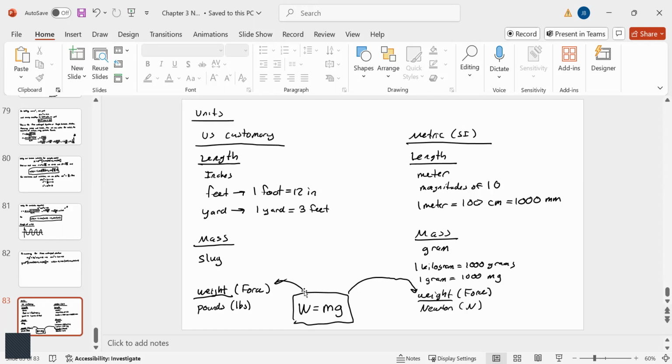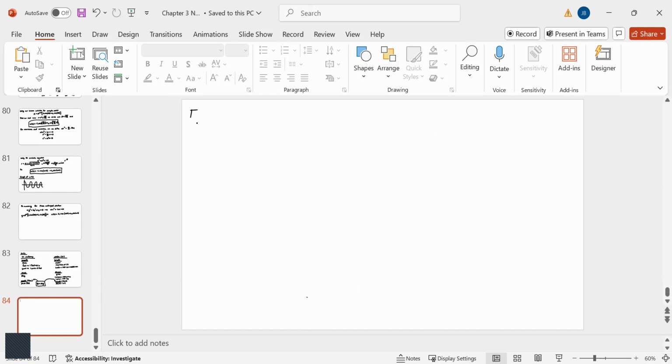So now we can finally do a word problem after all this talking. A mass weighs 2 pounds, stretched 6 inches.